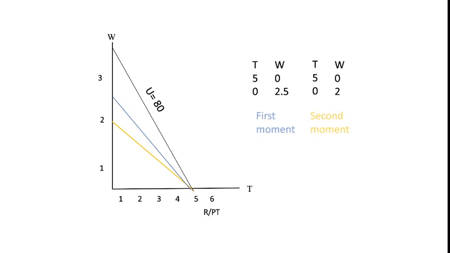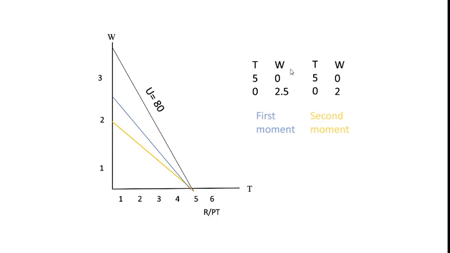Now the graphic. And those are the tabulation. In this case, the black straight line is the utility. In this example, utility equals 18. Now, we have two moments. In the first moment, the price of water was 4, and in the second moment, the price of water goes up to 5.